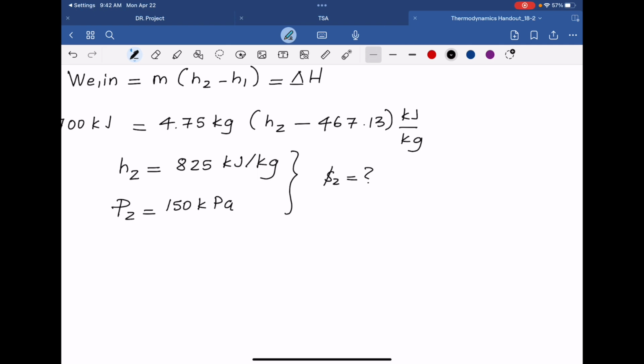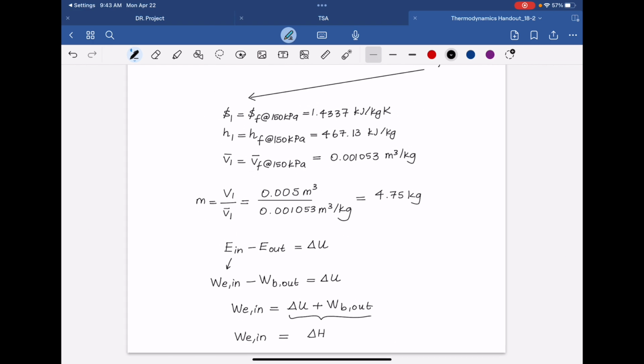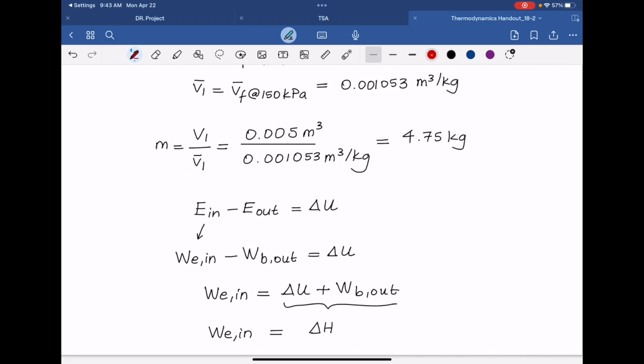Now, I just want to remind you before we move forward, always remember, the reason we can combine internal energy with boundary work is because this is a constant pressure process. Otherwise, you cannot actually do that.